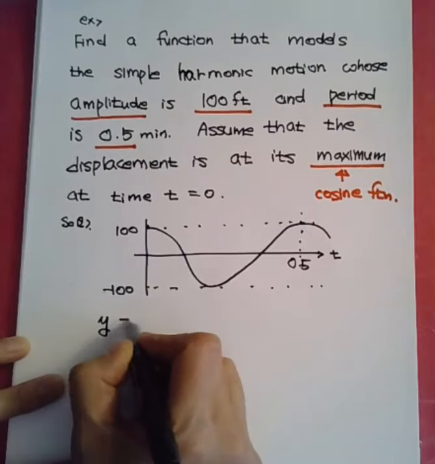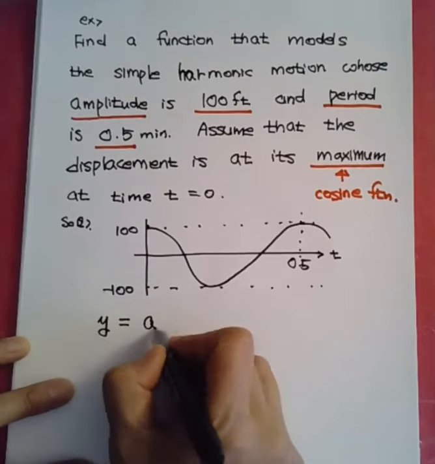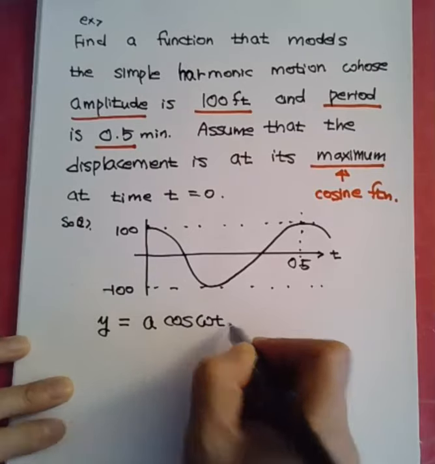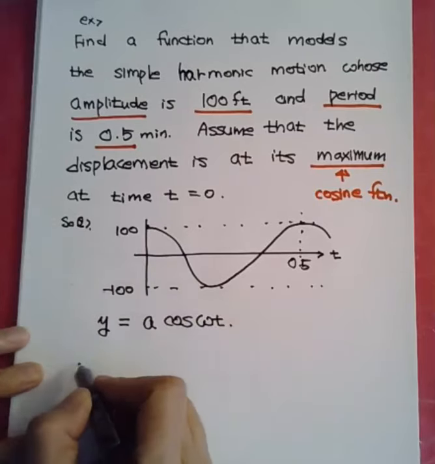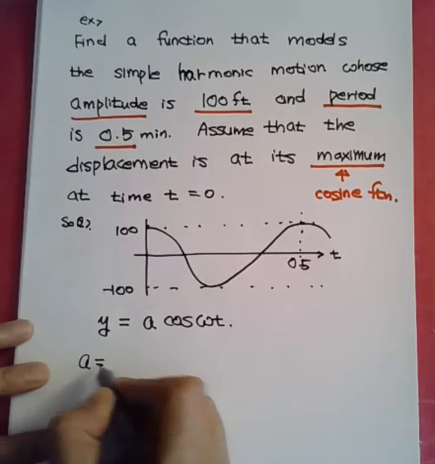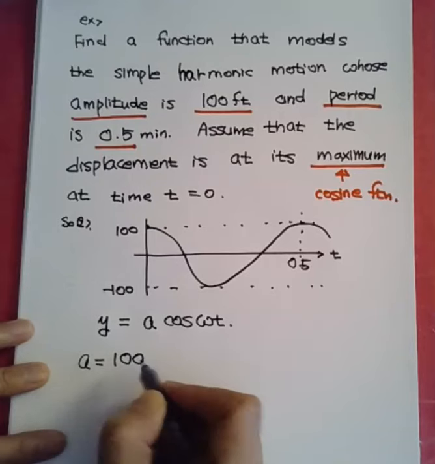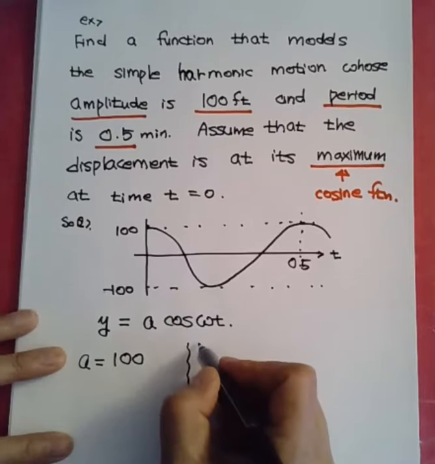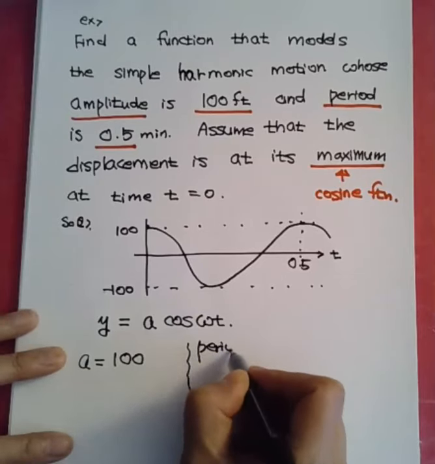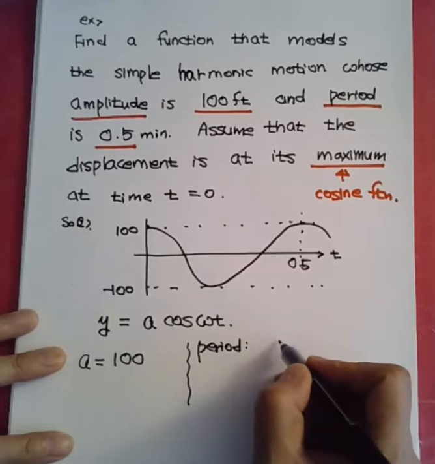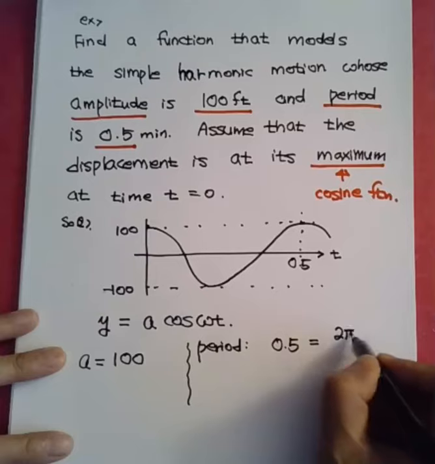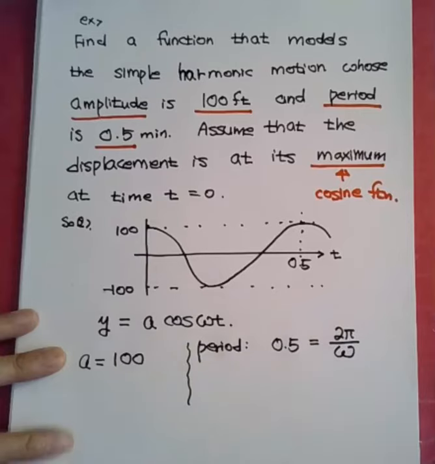Let's put y equals a times cosine of omega t. Then amplitude is given as 100, so we can easily say that a is 100 and period is 0.5 that came from 2 pi divided by omega.